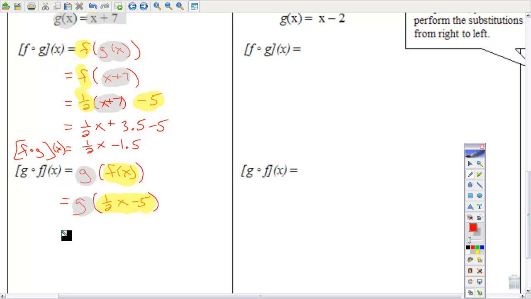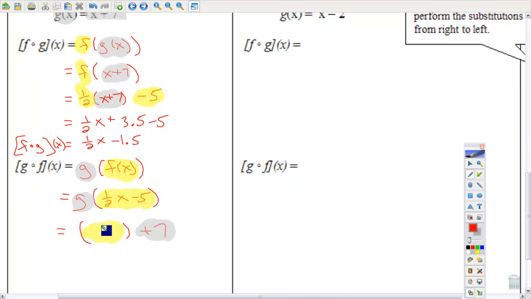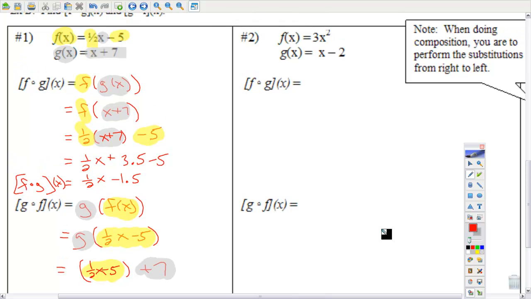So now it's saying take function g, which is x plus 7, replace the x with whatever f of x is. F of x is 1/2 x minus 5. So essentially, once again, what has happened here?